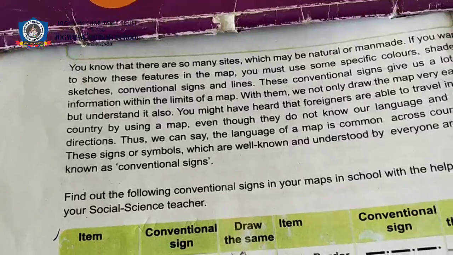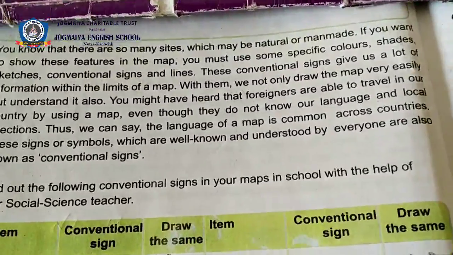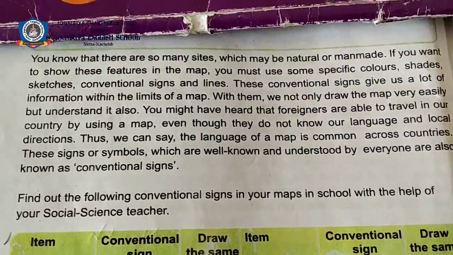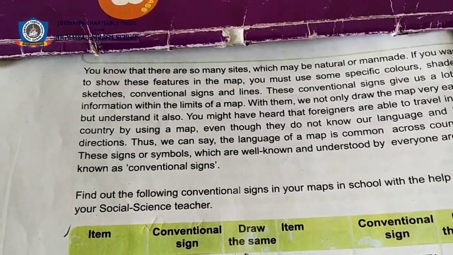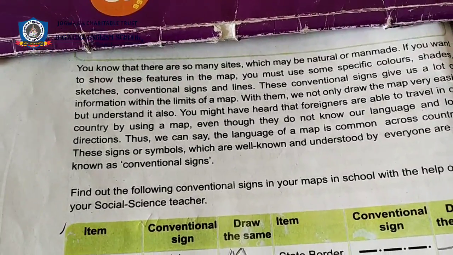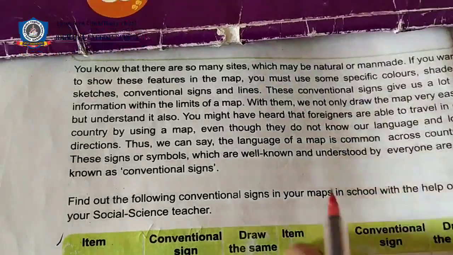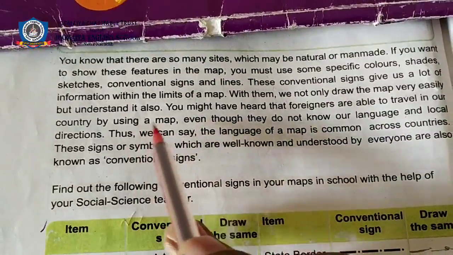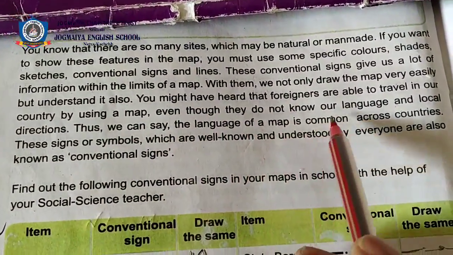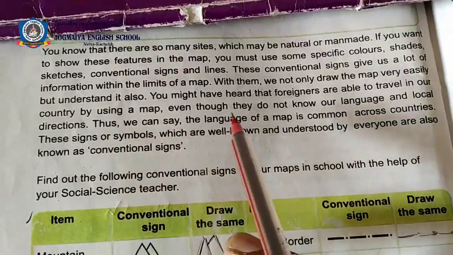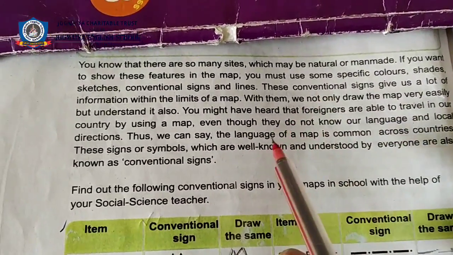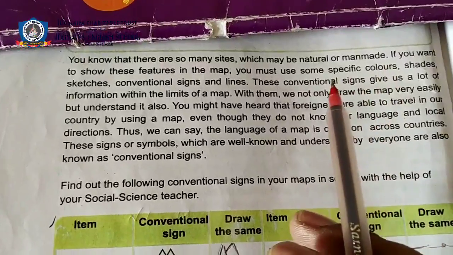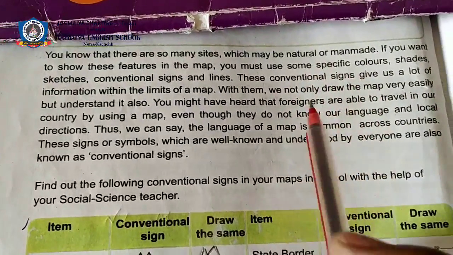By seeing a map, they can visit any place in our country or any country. We also can visit any country by using their maps. Thus, we can say the language of a map is common across countries.